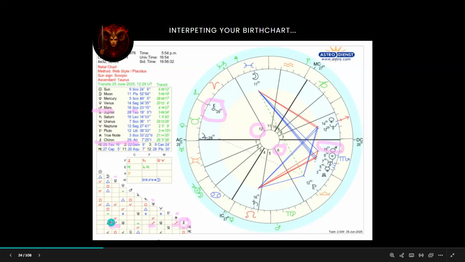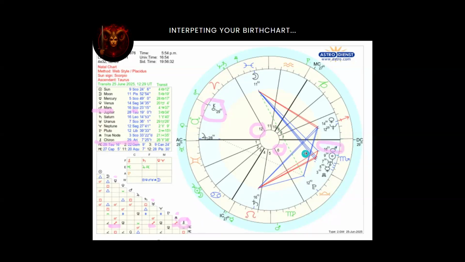So really looking at just red or blue, which in this particular case, there isn't anything else other than those 3 conjunct. That would be the main thing that I would focus on, as well as the placement of Mars, which also is in the 6th house.